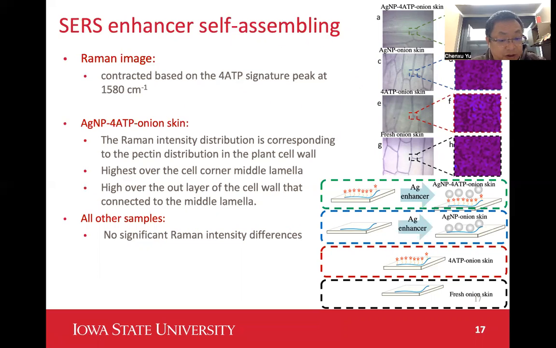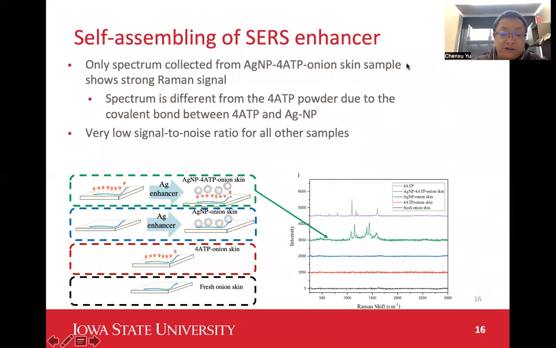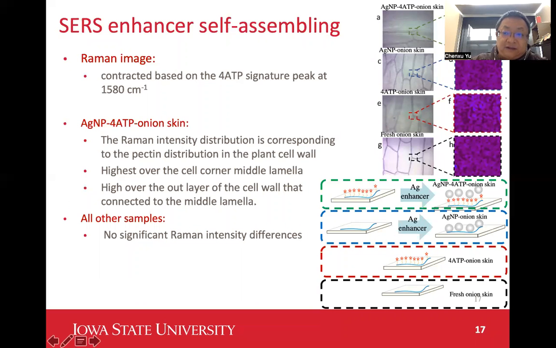Again, remember those changes are associated with the distribution of specific pectin species that are being labeled and hydrolyzed. So clearly here, at the corner regions, especially the cell wall that is connected to the middle lamella region, we observe the most change in signal, that is the indication of highest presence of the pectin species in question.